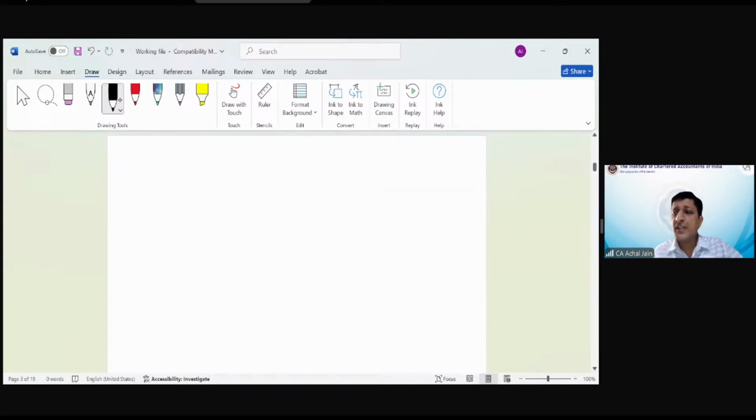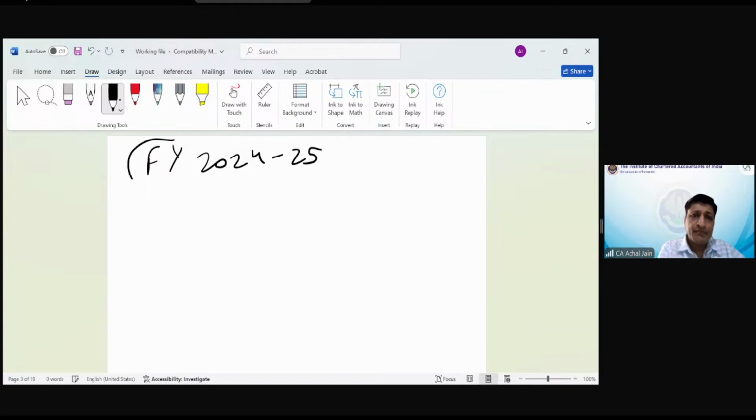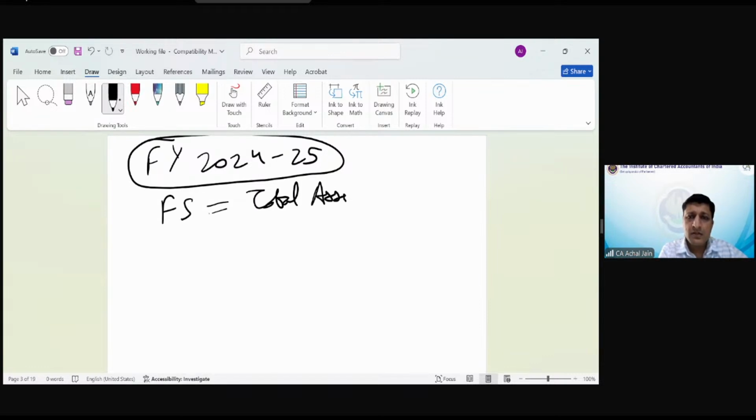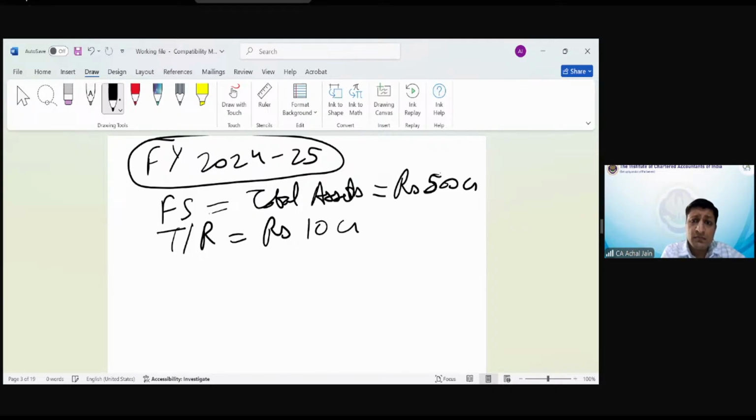Let's suppose during the year the company has some trade receivables, say for financial year 24-25. If you look at the financial statements of the company, its total assets will be approximately rupees 500 crore, wherein the trade receivables are rupees 10 crore.